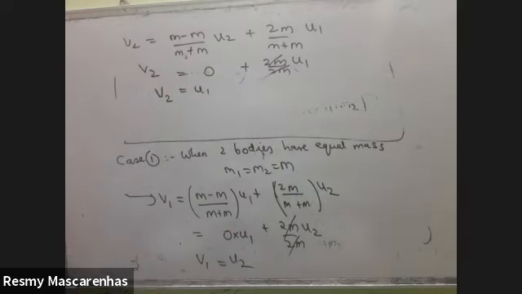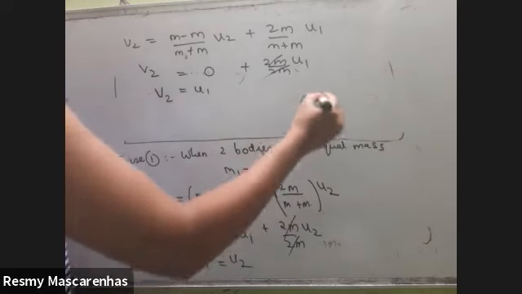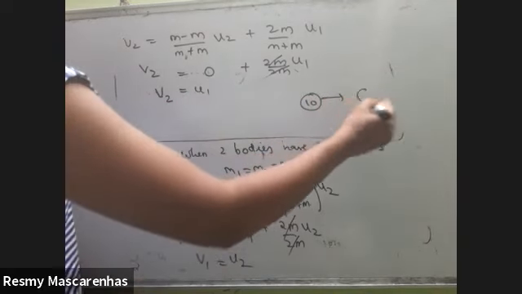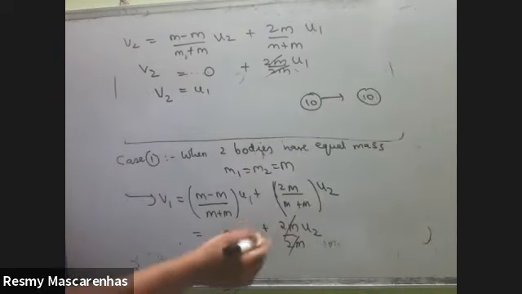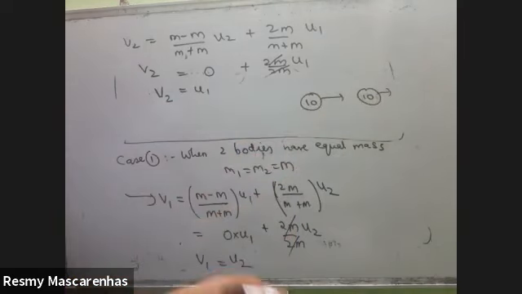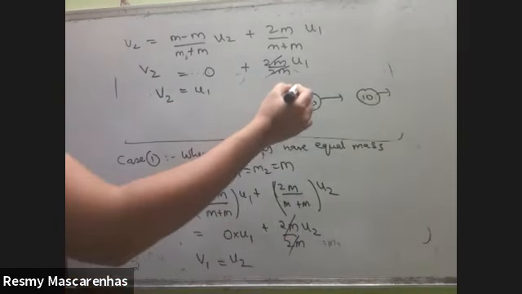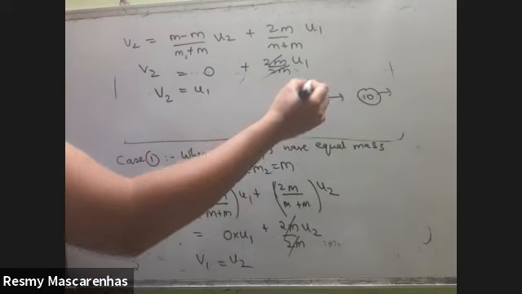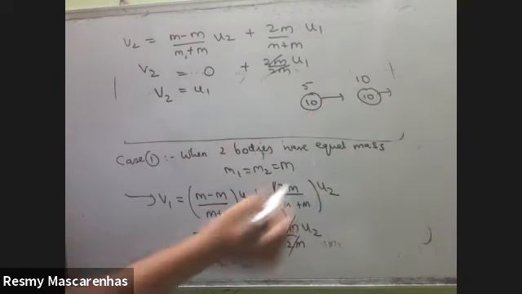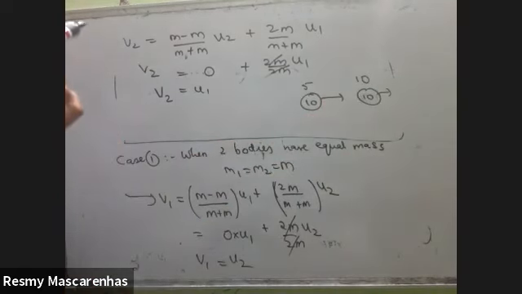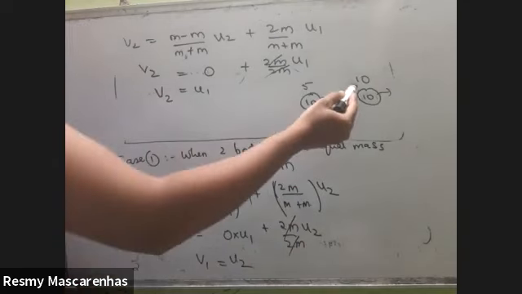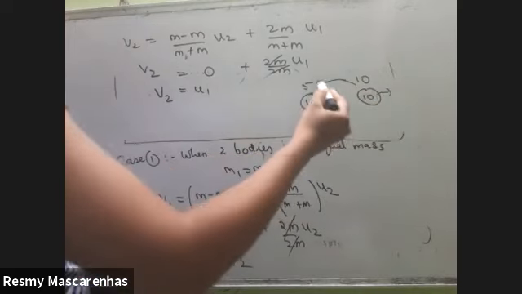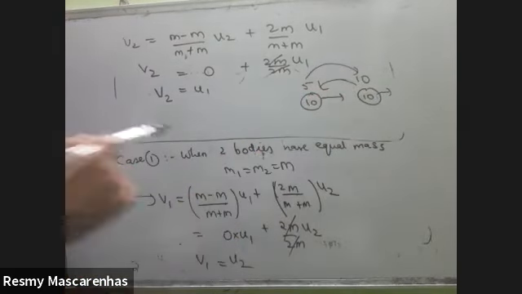So basically what they are trying to say is, suppose this one was 10 kg and this one was also 10 kg and they collide with each other. This one was moving with, suppose, 5, and this one was moving with 10. This one's velocity will go to the other one.